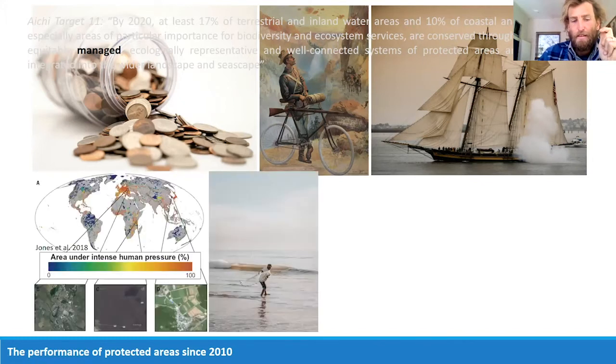But if we look at the ability of protected areas to reduce threats to landscapes, habitat, species, some work done by Kendall Jones a few years ago showed that around a third of all protected areas are under intense human pressure, and that human pressure increased inside protected areas, around 55% of protected areas between 1993 and 2009.